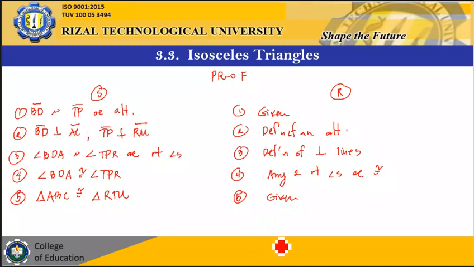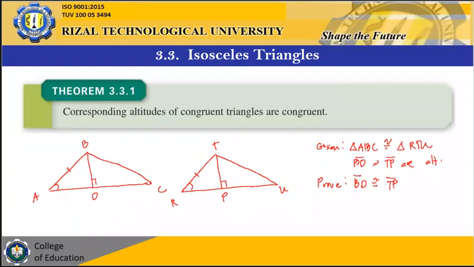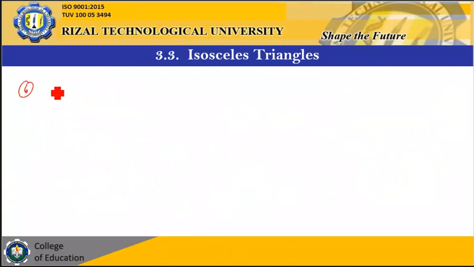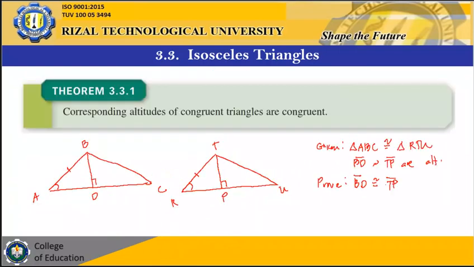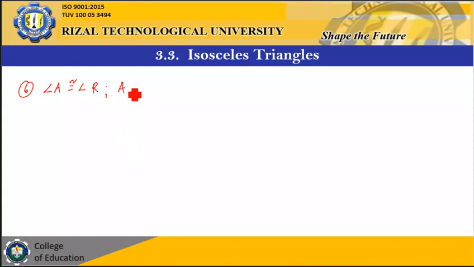And if triangle ABC is congruent to triangle RTU, we can say that angle A is congruent to angle R, as well as segment AB is congruent to segment RT.